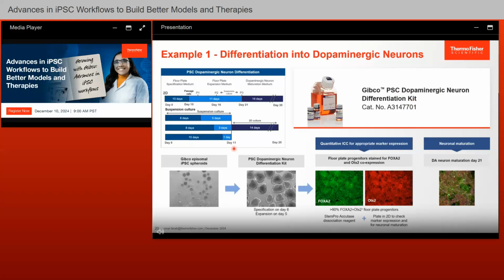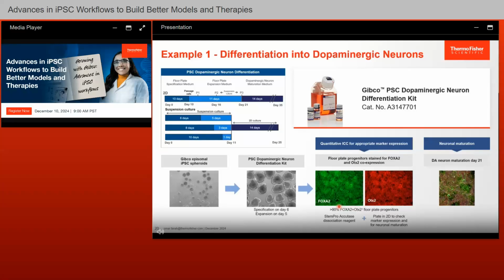And so in just 11 days in a 3D optimized protocol, we've arrived at a phenotype and a cell number that is very comparable to day 21 of the traditional 2D protocol, where on day 11, as you can see over here, those day 11 progenitor spheroids stain over 90% positive for markers like FOXA2 and OTX2, excuse me, confirming their floor plate progenitor state.